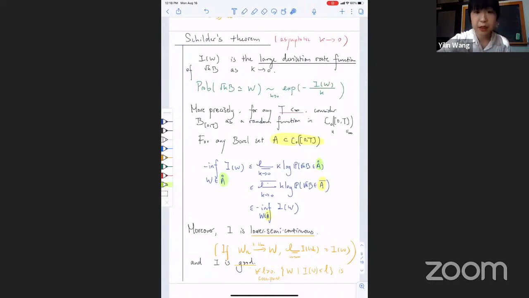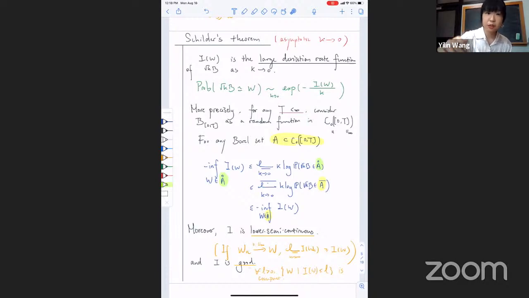Sorry, there is a question in the chat. So what is the motivation for the square root kappa of B? I will talk about large deviation of SLE later when kappa goes to 0. But here what we do is to study some extreme rare events about Brownian motion doing certain things.